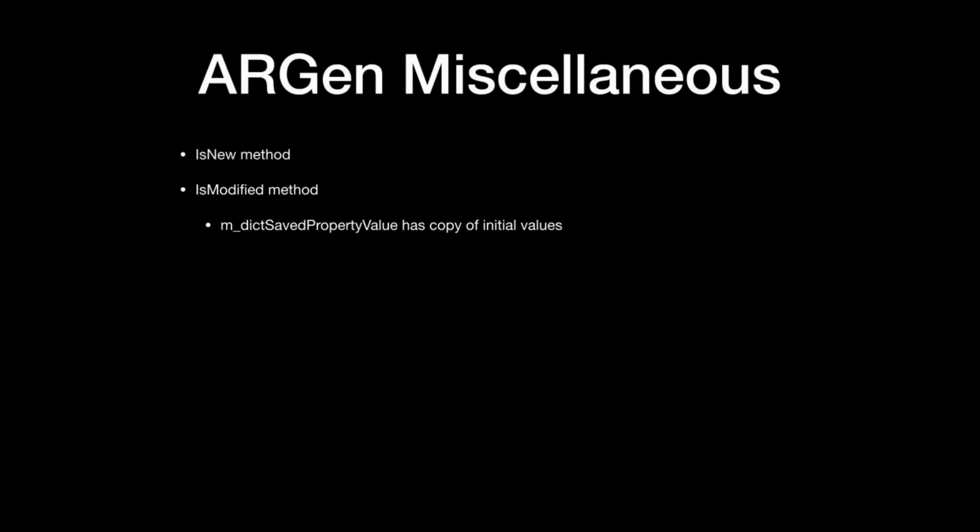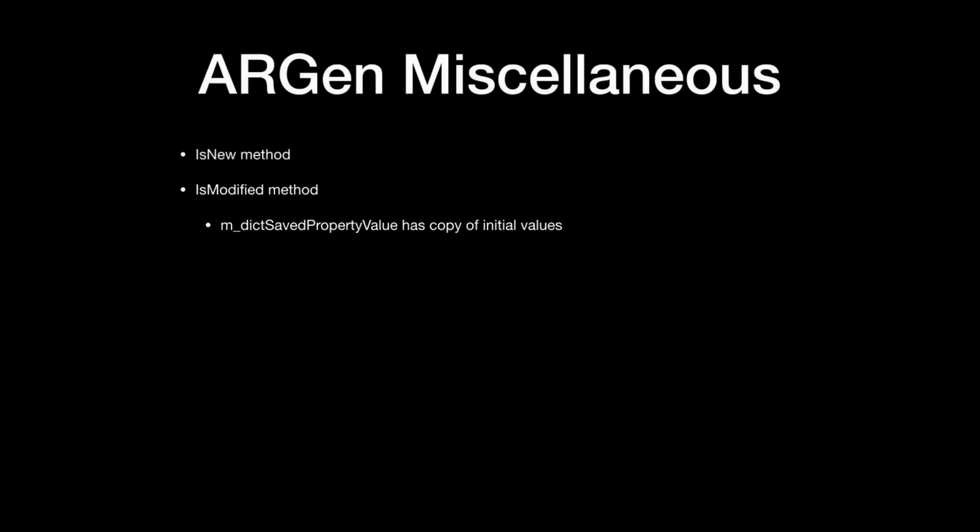We have an isModified method, and that returns a Boolean, but behind the scenes we have a saved property value dictionary that, when you first load up the class, so when you say load or find, read record, it will put a property of the initial values in here.